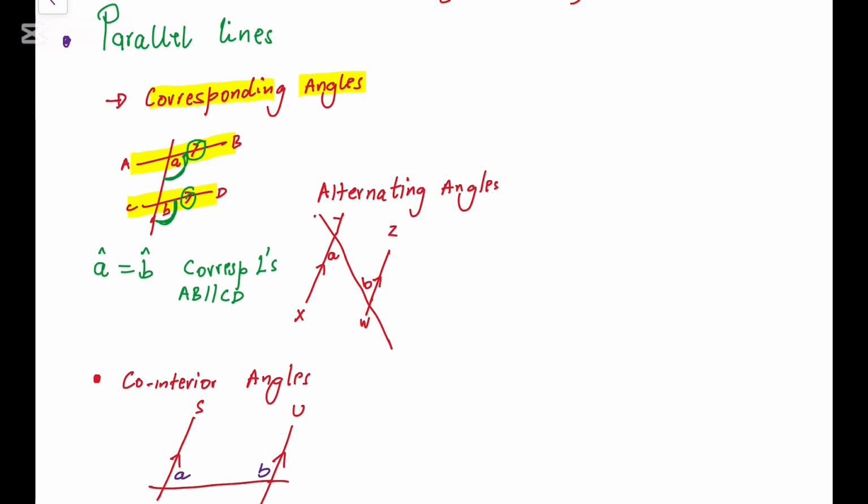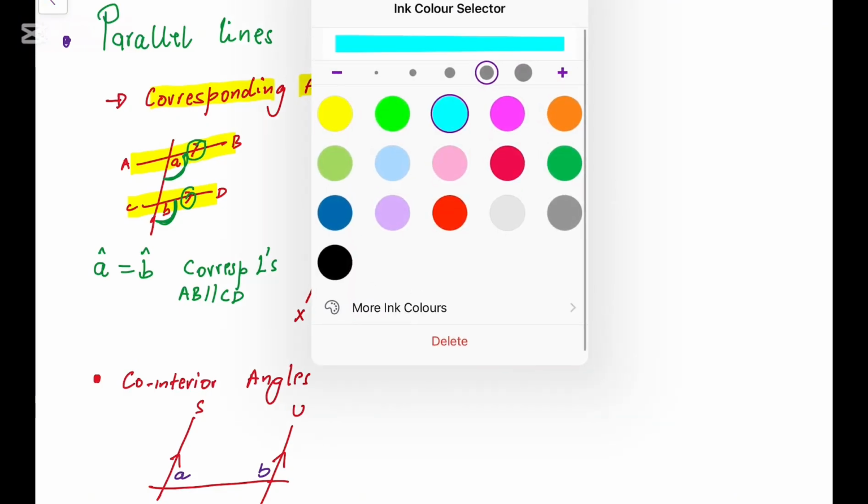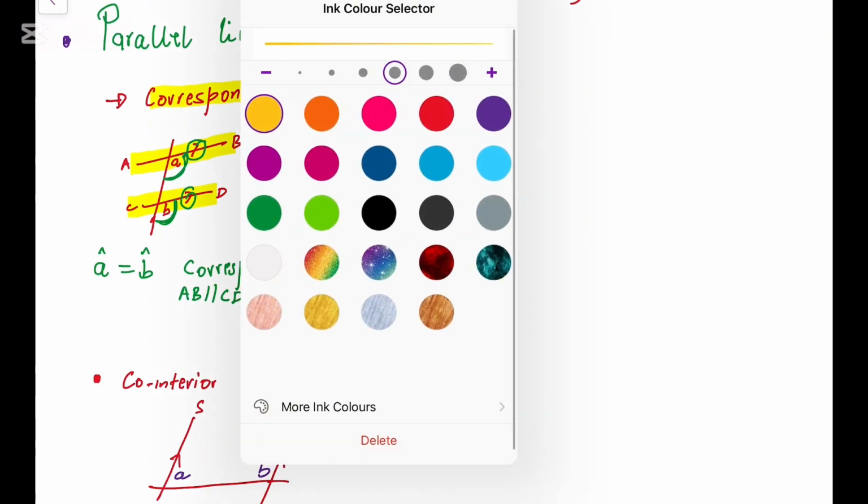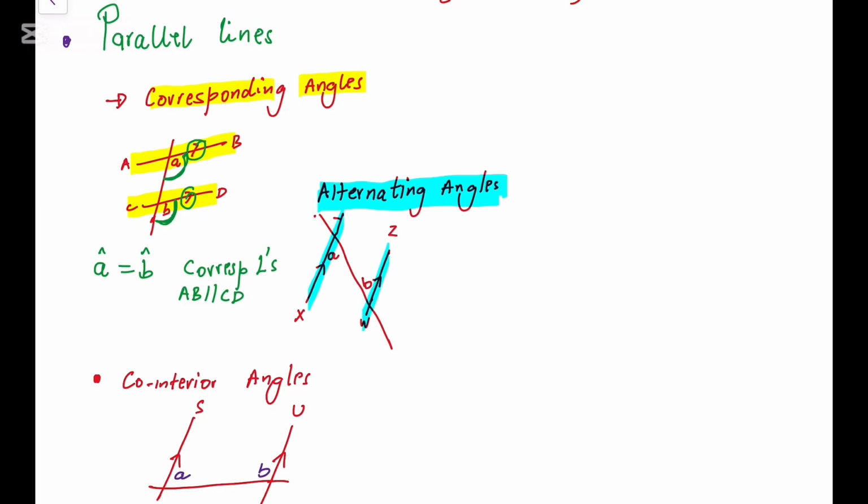Under parallel lines, we also have alternating angles. Again, we can see that these two lines are parallel. XY is parallel to WZ. Now, these two angles here, this one and that one, are alternating. Alternating angles are also equal.